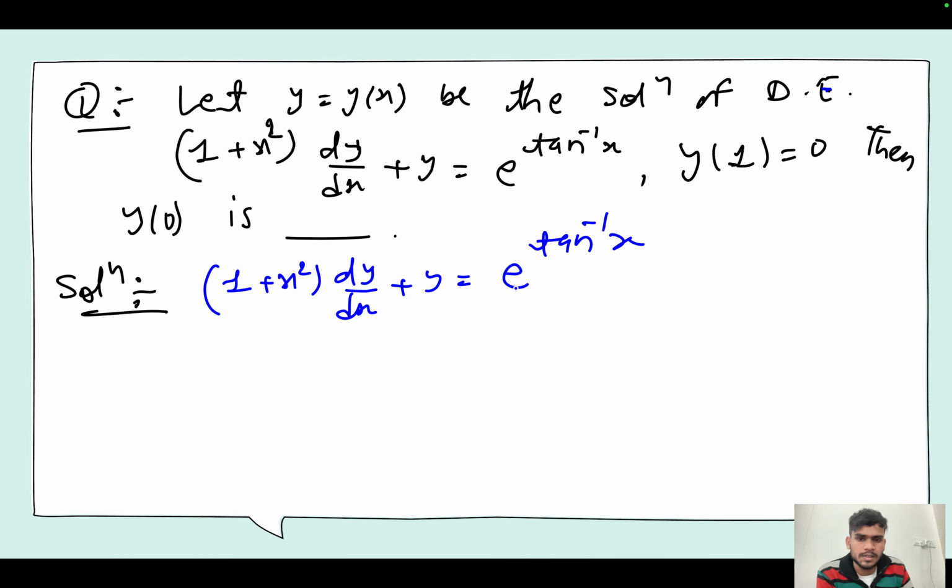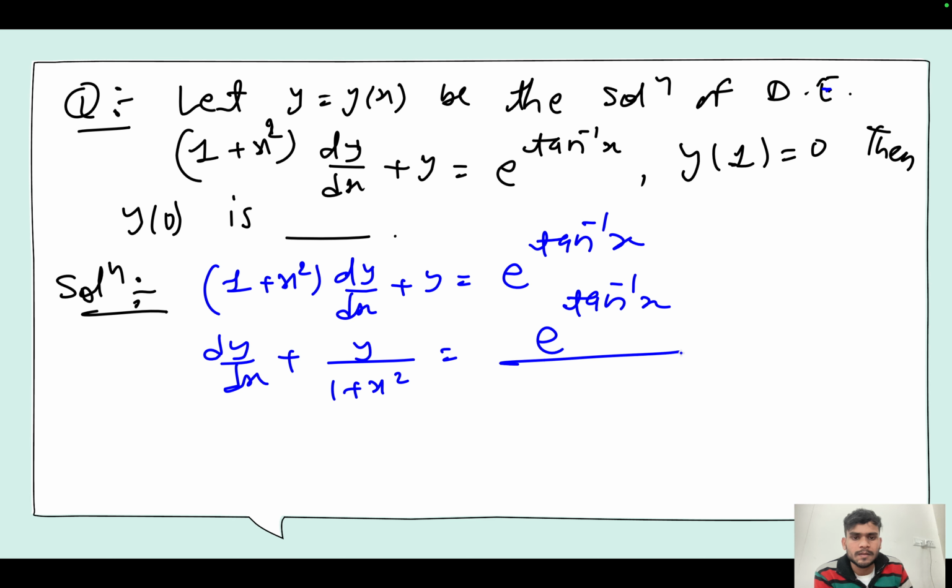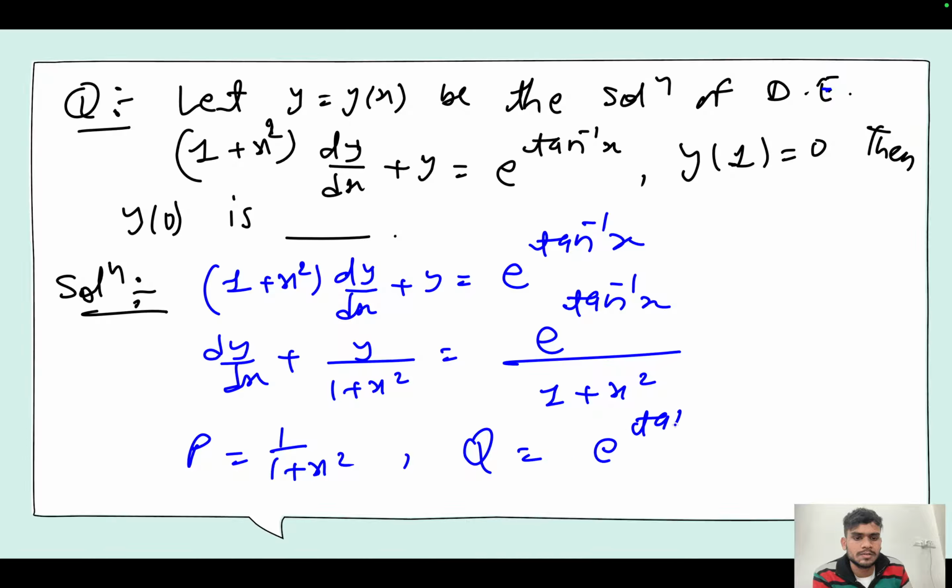Now divide both sides by 1 + x square. It becomes dy/dx + y/(1 + x square) = e to the power tan inverse x upon 1 + x square. As you can see here, P = 1/(1 + x square) and Q = e to the power tan inverse x by (1 + x square).